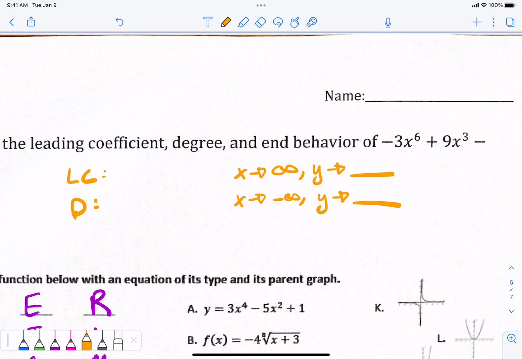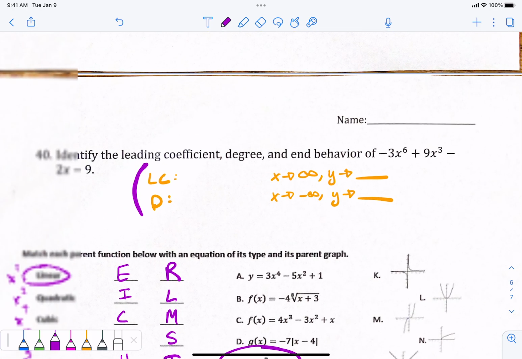Well, this leading coefficient and degree will tell me what it's going to do, right? So looking at this function, first of all, I want to make sure of one thing. Is it in order? Is this function going in order? Yes, okay. What is the leading coefficient? Negative 3, and the degree is 6, okay?